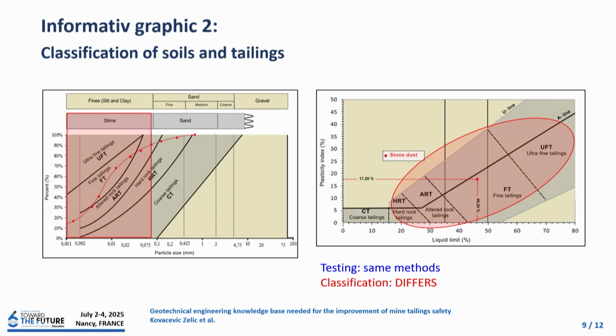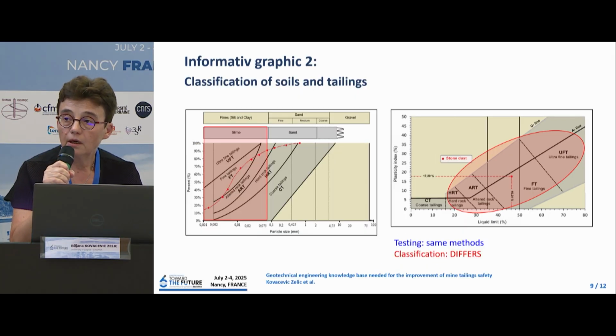But if we compare the grain size analysis and the classification groups that are offered for tailings in relation to soils, you can see from the grain size analysis that most of the tailings are in a much narrower range of grain size distributions, and there is a practical reason for that, because due to the mineral processing methods afterwards, they have to crush the original rock materials to very fine particles to be successful in the further processing.